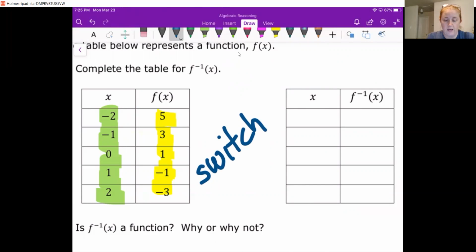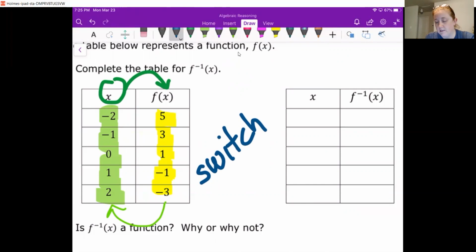That means we're going to have to take these x's and move them to the y column, and take our y's and move them to the x column. They need to flip-flop on us.